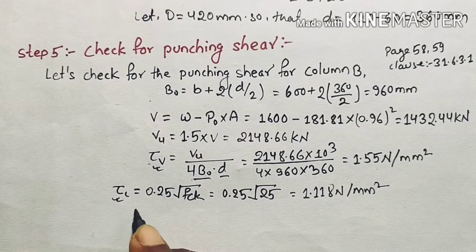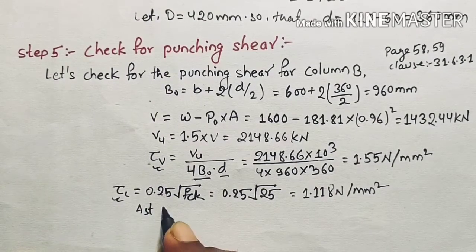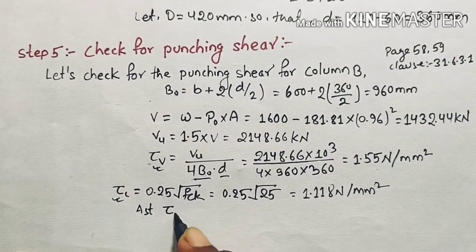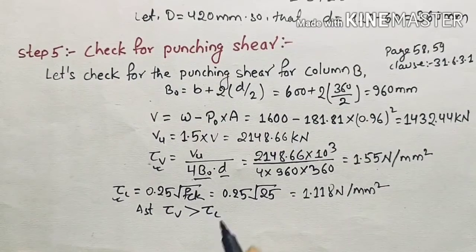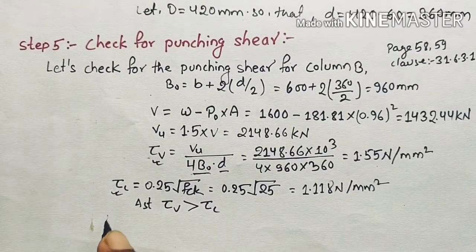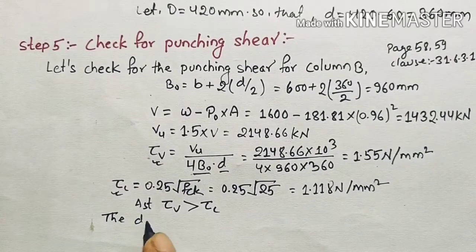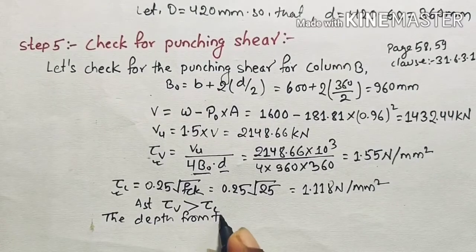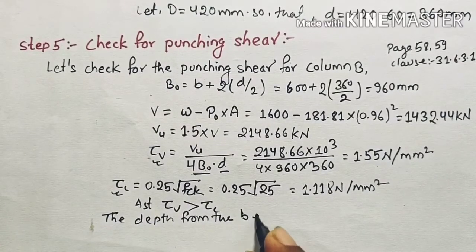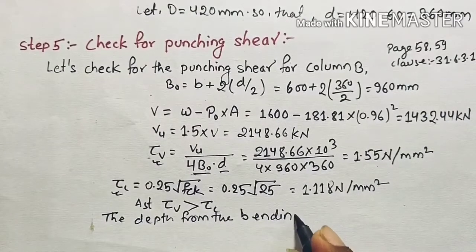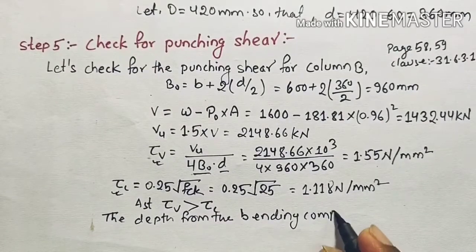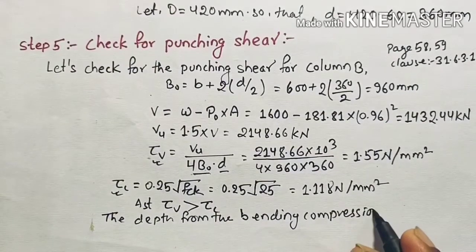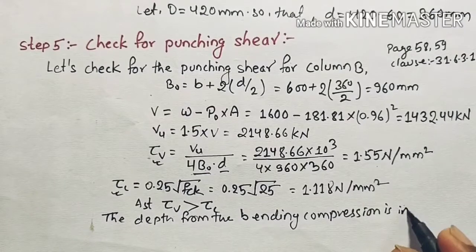So we will write here, as tau v is greater than tau c, the depth from the bending compression is inadequate.